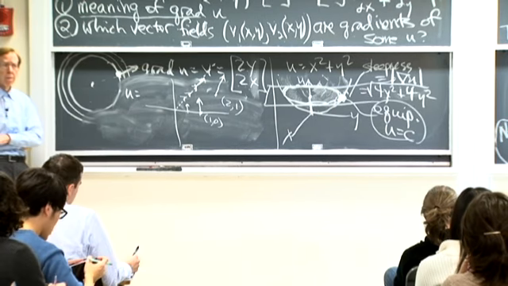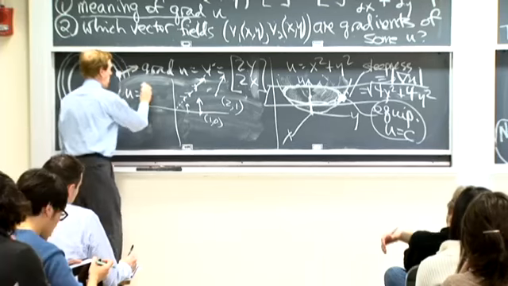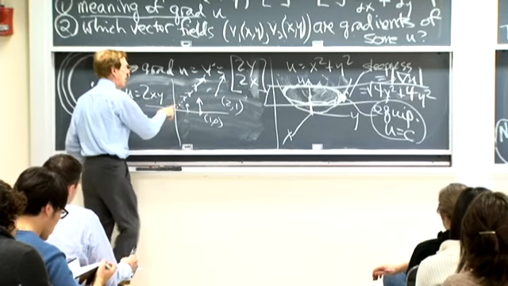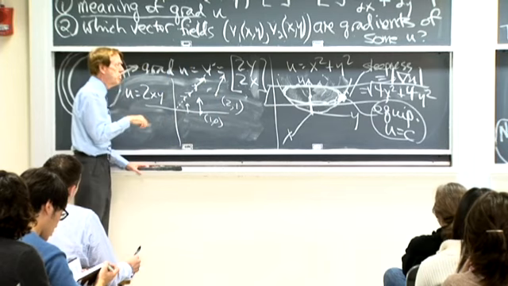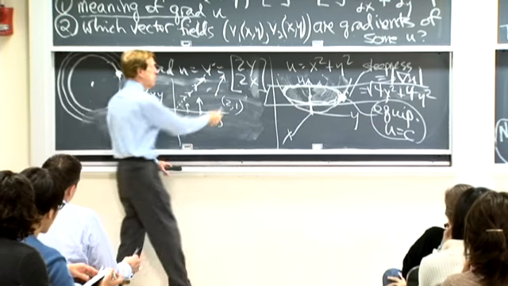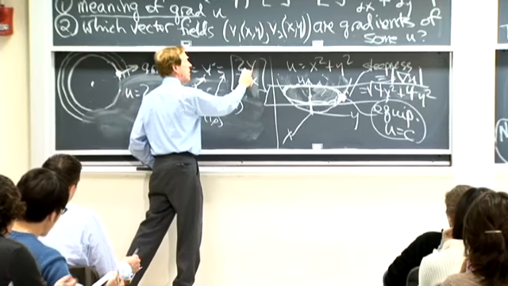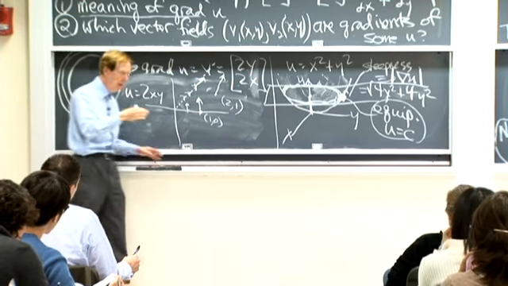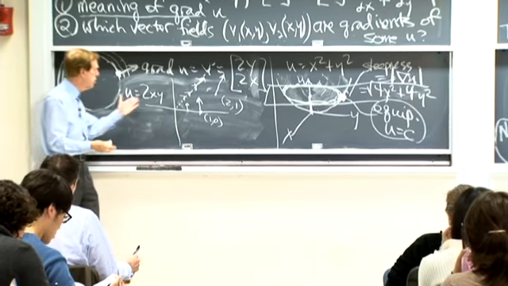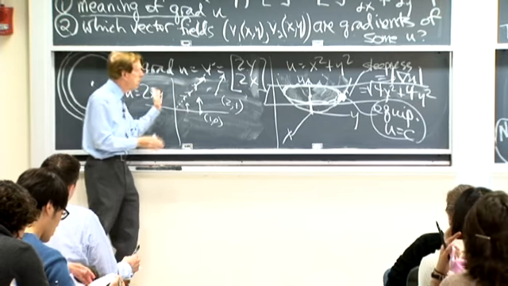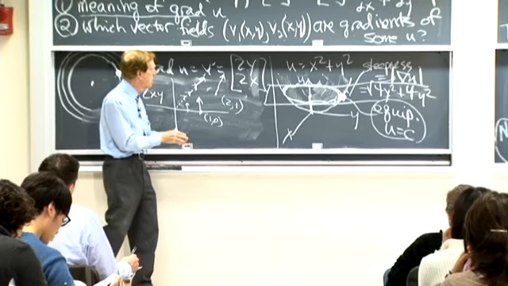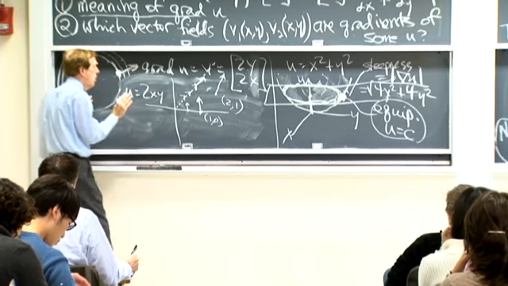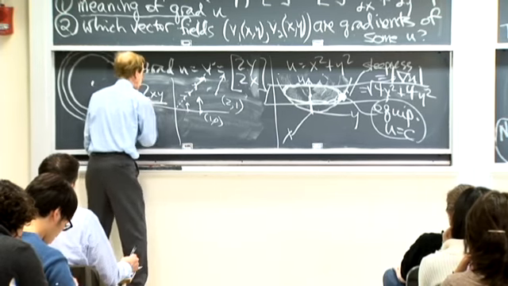Did everybody spot that one? 2xy, because the x derivative has to be 2y. So I just integrate with respect to x. This is the x derivative, it's 2y. I take the integral with respect to x, and I get 2xy. And there could be some term that depended only on y. Anyway, this works.